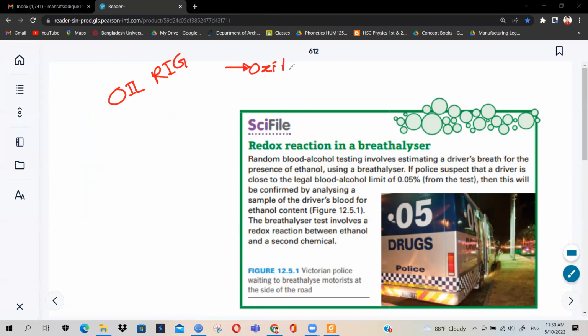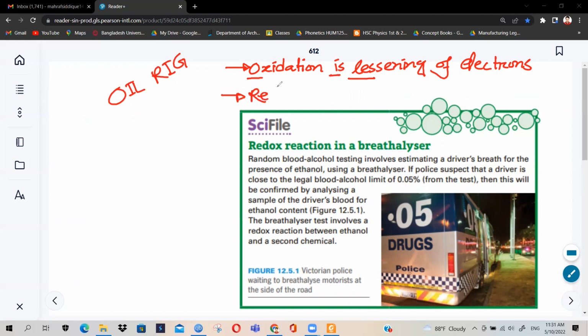Oxidation is loss of electrons. Remember this sentence I said yesterday. Actually, you were tired yesterday, so that could be it. Oxidation is loss of electrons: O for oxidation, I for is, L for loss.